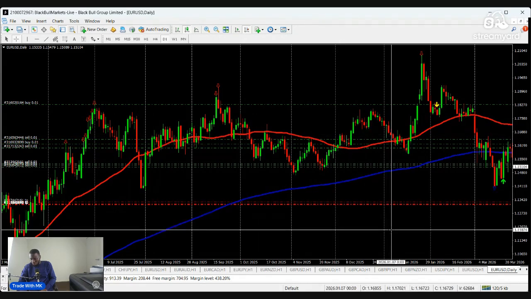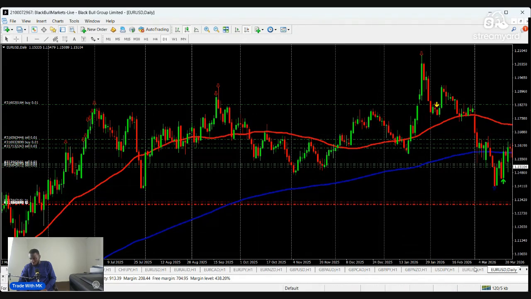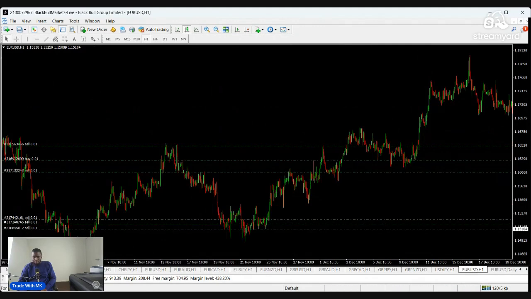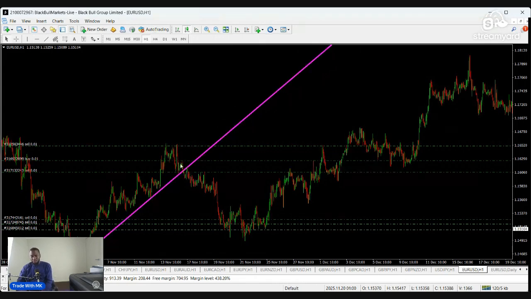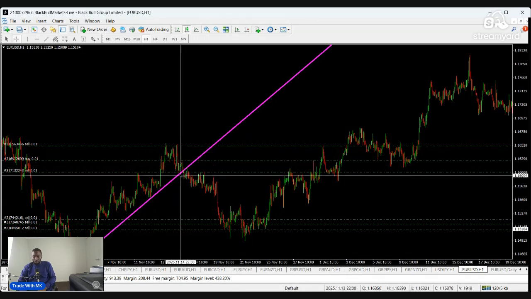So on the 3rd of December, the price went above. And here, at this time, I couldn't enter this trade because the price came back to it, but the time it came back, the price was below the 50 moving average.